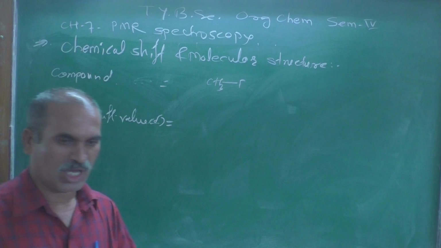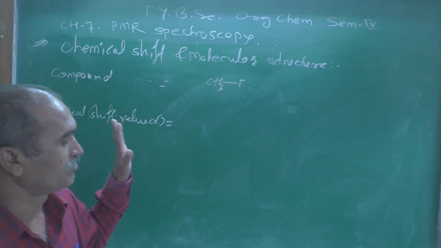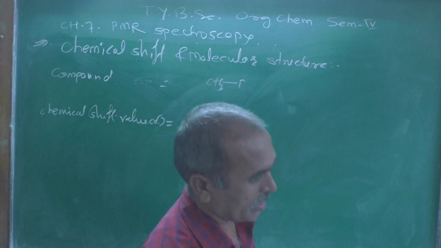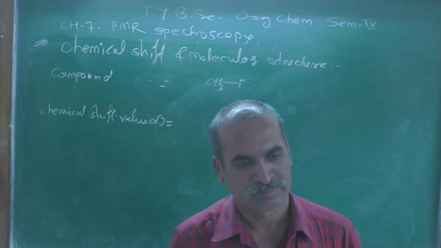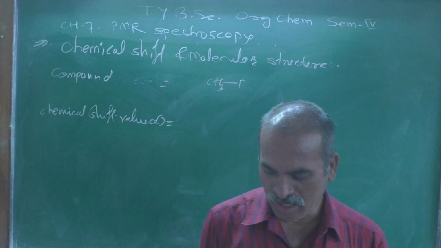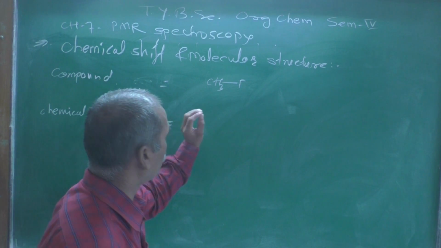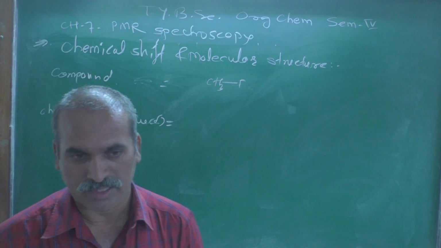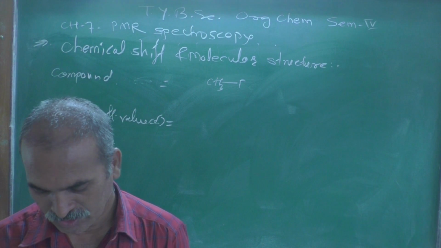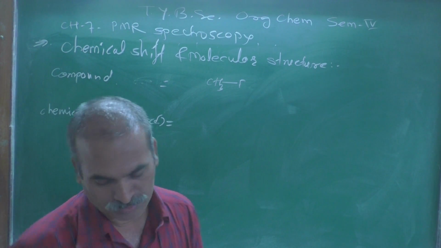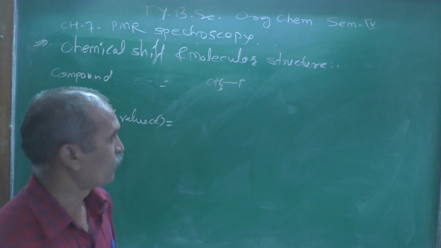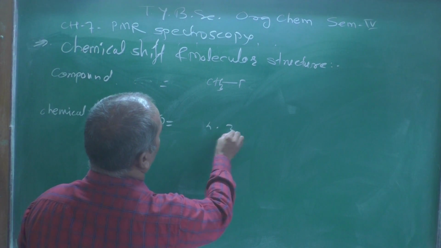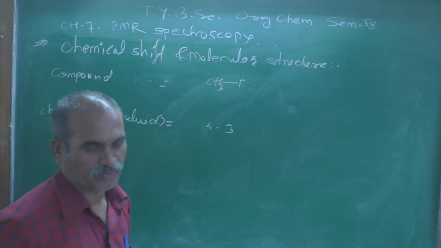These three protons are all identical because the chemical environment around them is the same. They are chemically equivalent and therefore they will produce only one signal, but what is the chemical shift value? It is around 4.3.